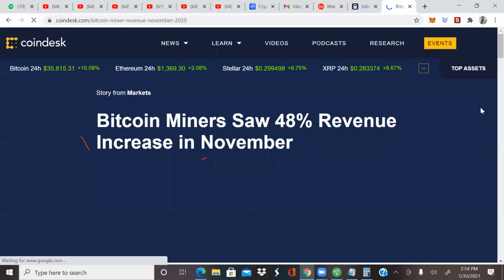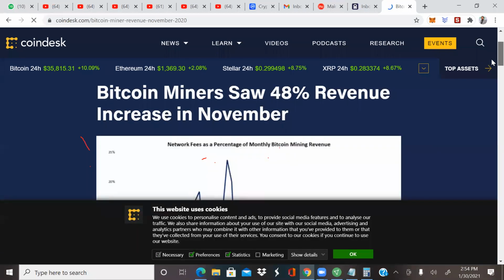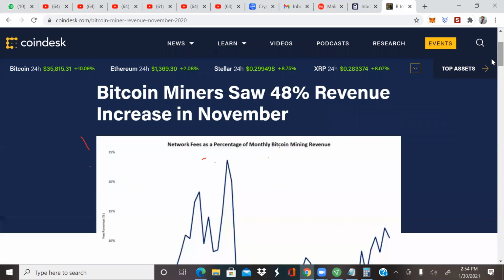Now let me tell you the beautiful thing about miner returns. If you look at this page, 48% revenue increase in November. The beautiful thing about Bitcoin miners is that whether the market is dropping or going up, in a way they make money, because of all those transfer fees you pay when you want to transfer Bitcoin.